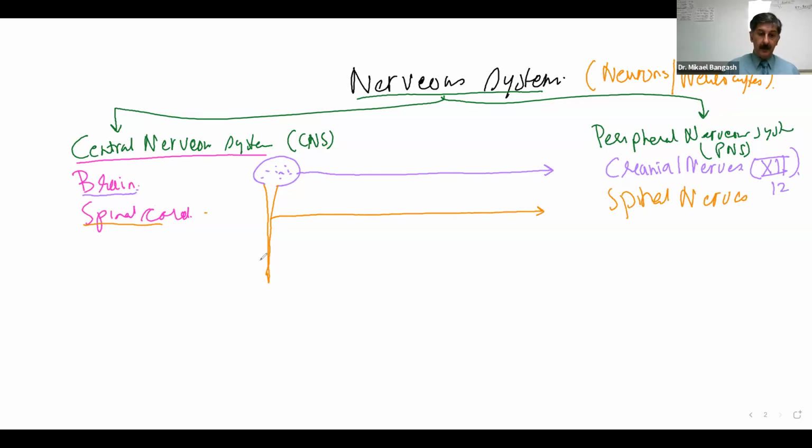Pretty much up to the level of L3, these spinal nerves arise from each level of the intervertebral space and leave and return back. Did you guys get that?